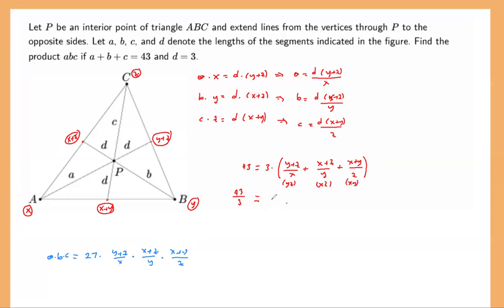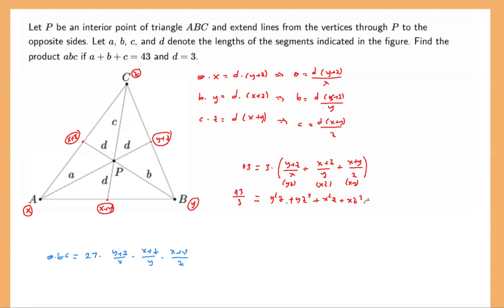So the first one would be y plus z times yz, which is going to be y squared z, plus z times this, which is y z squared, plus, if I multiply this, you will get x squared z, and then z times xz, which is xz squared.